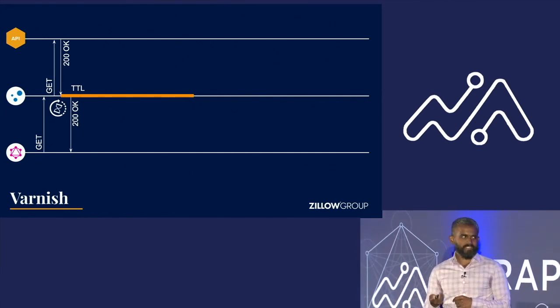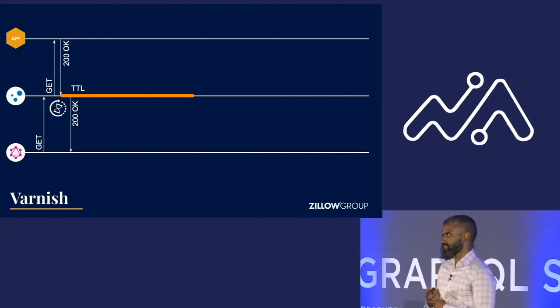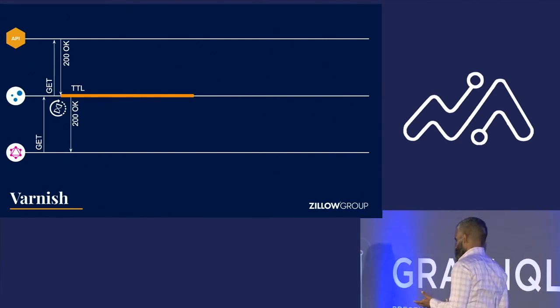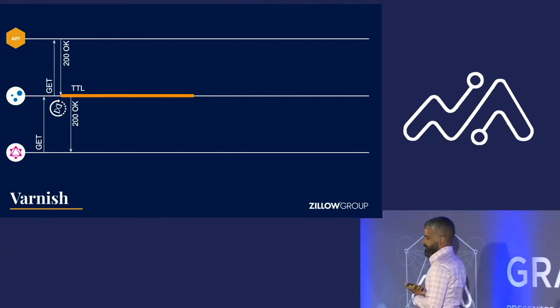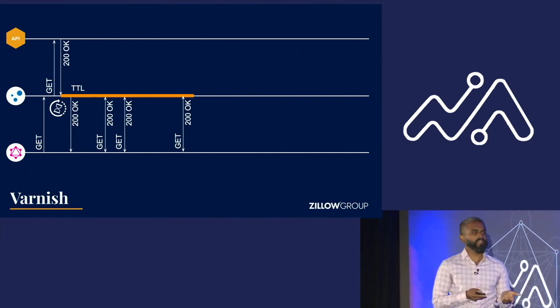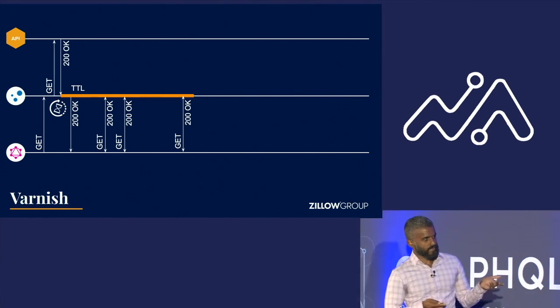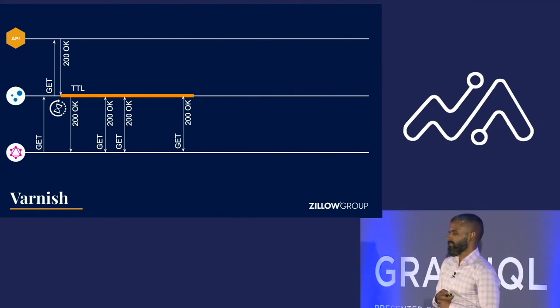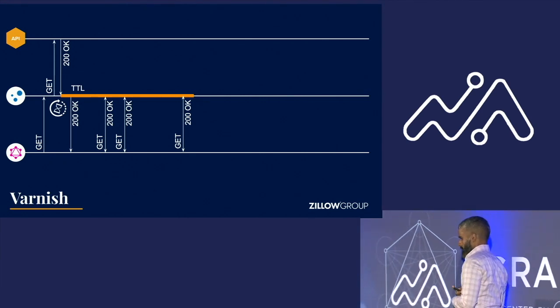And every time it caches an object, it's going to set that value TTL, which is time to live. And it defines how long a cached object is stored before it's purged. And for any new requests that come in after we have it in cache, Varnish is going to respond really quickly, and GraphQL server gets the data right away.